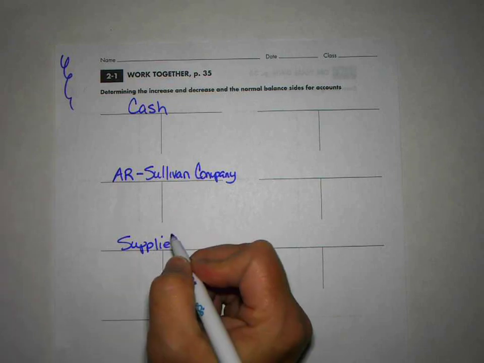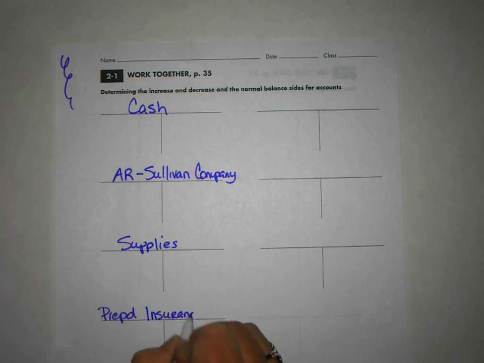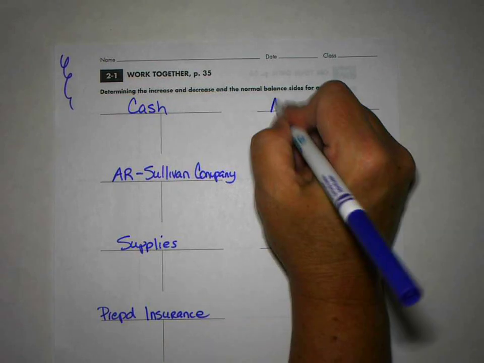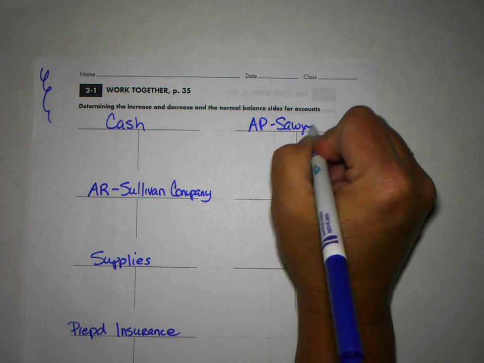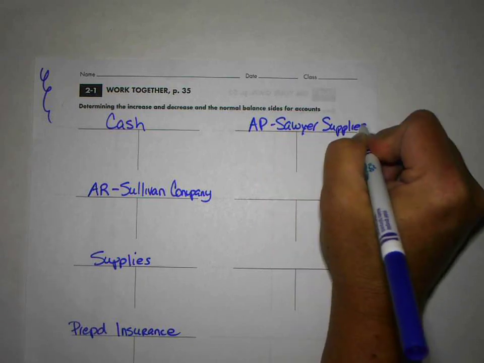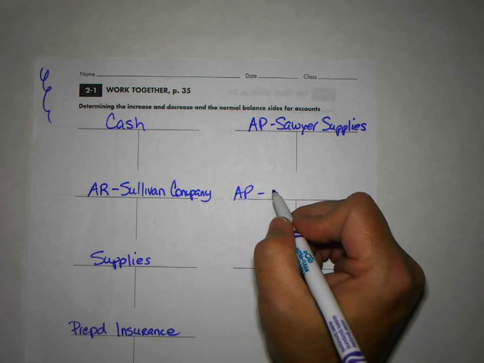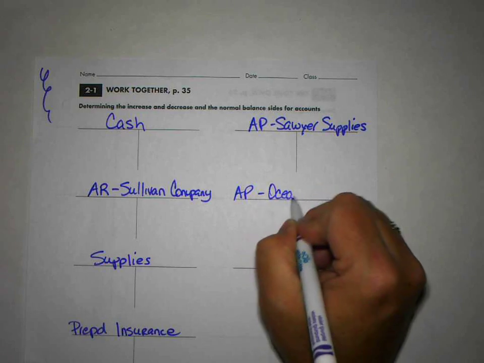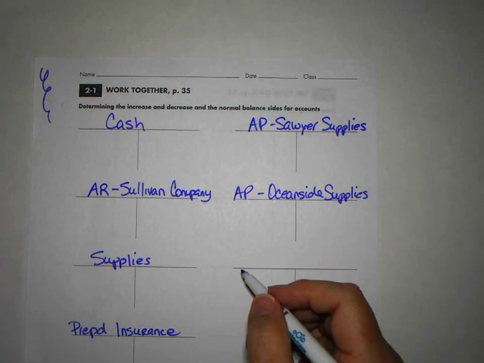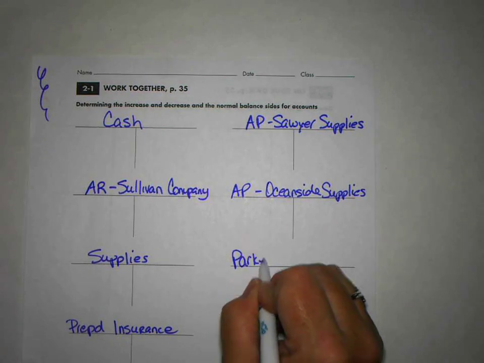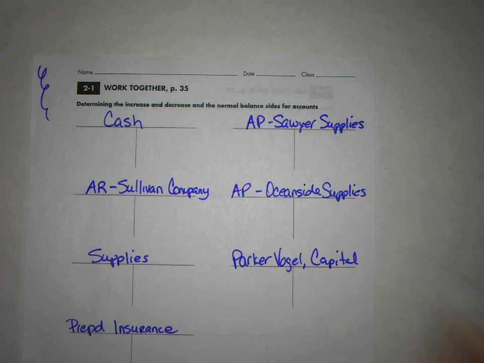Supplies, prepaid insurance, accounts payable for Sawyer Supplies, and accounts payable for Oceanside Supplies. And Parker Vogel is our owner, comma, capital.